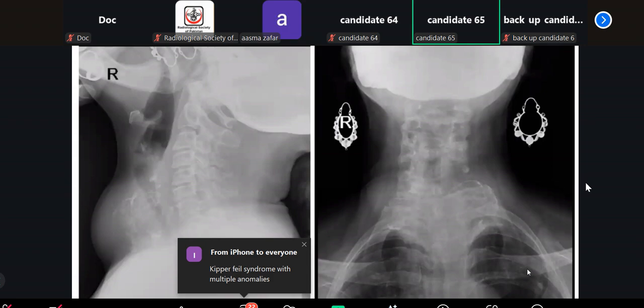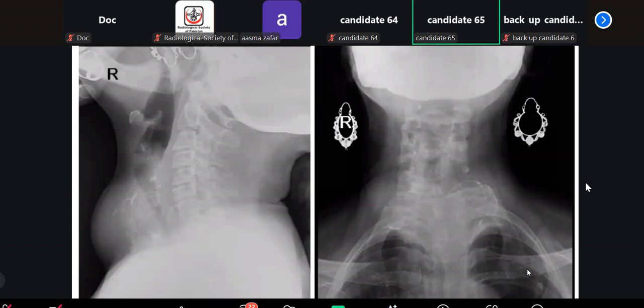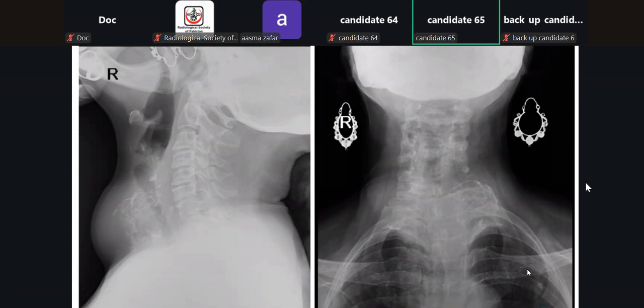Visualized bones and apices appear unremarkable, and the cervical spine shows straightening.